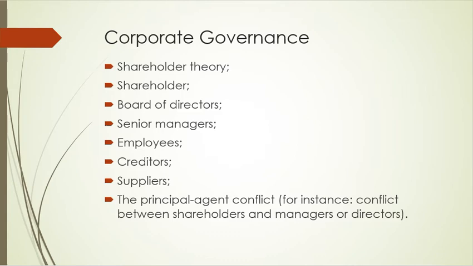Okay, so here is the main important thing: why the conflict between the shareholders and managers occurs. It is because shareholders are interested in increasing their value, and managers are interested in increasing their compensation. Okay?